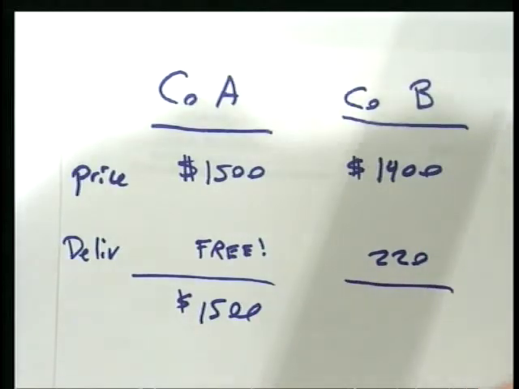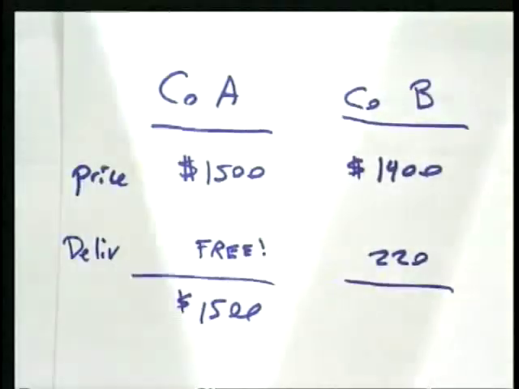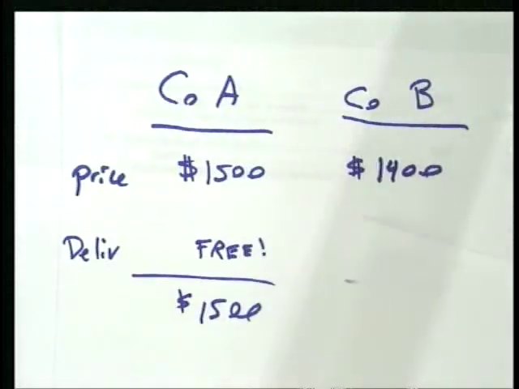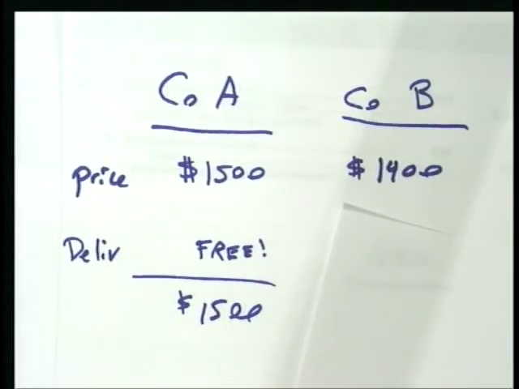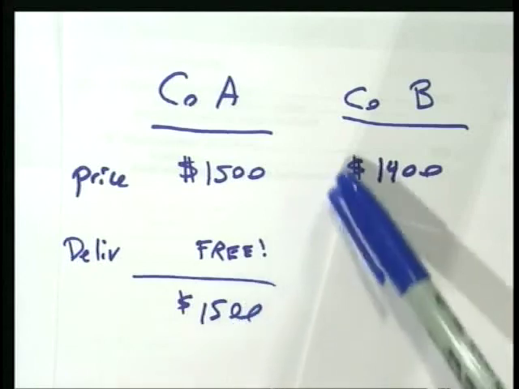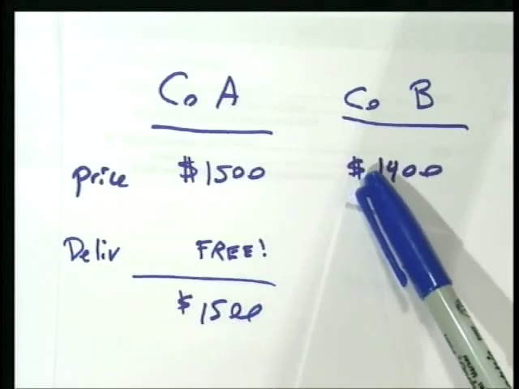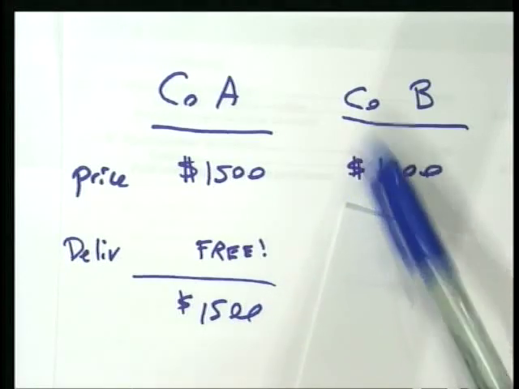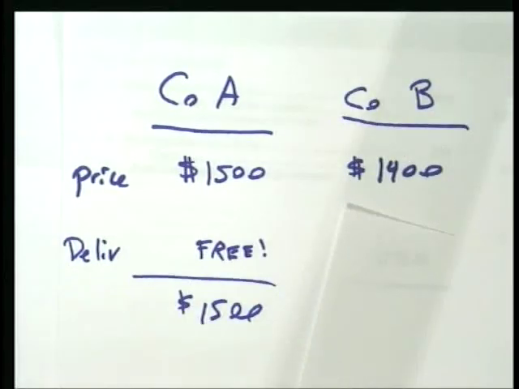Well, if we kept track of delivery expense in a separate expense, we might think the cost of goods sold in this situation for these two pianos is $1,500 and $1,400, right? But that's really not the case for Company B, is it?